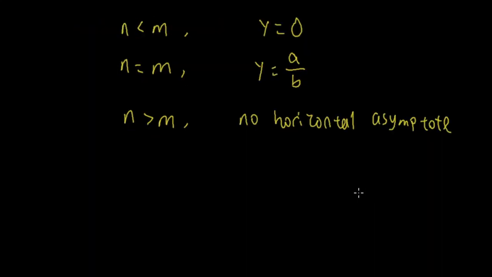Okay, now, the next one we want to talk about is the oblique asymptote. So how do we find an oblique asymptote?